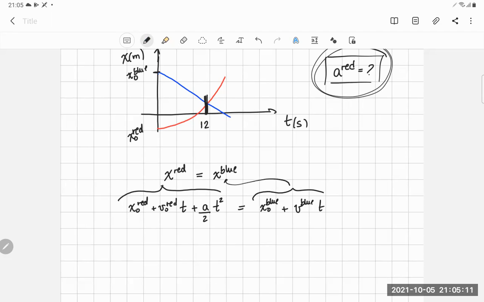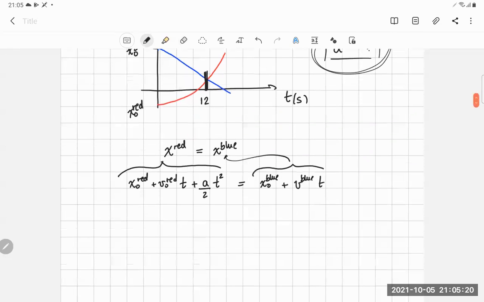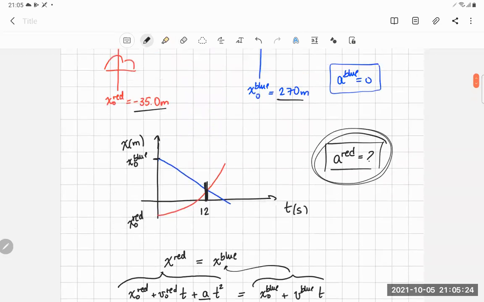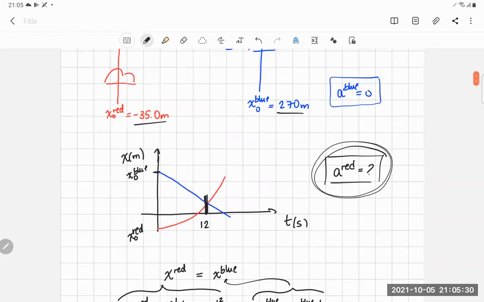When the position of the red and the position of the blue become equal, that's when they meet. Let's see what we know, what we can put here in these equations. What is the initial position of the red? They told us that it's minus 35, so I'm going to put this here. What is the initial velocity of the red? They said that the car starts at rest, begins at rest.